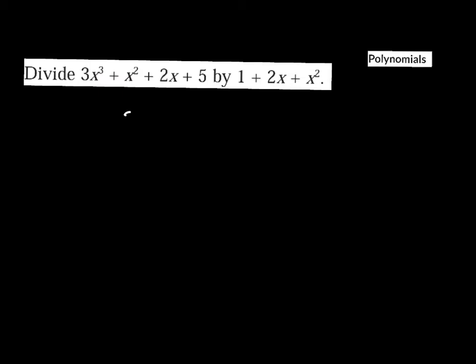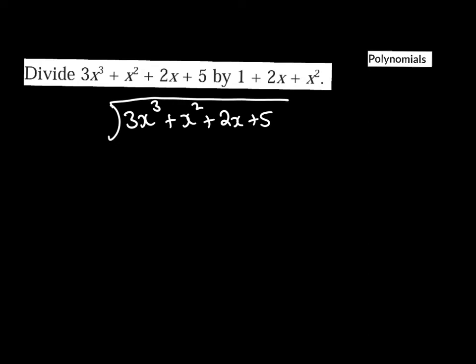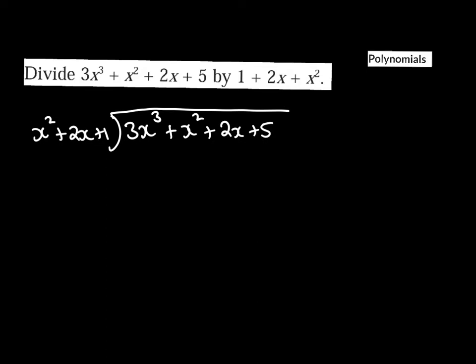So 3x cubed plus x squared plus 2x plus 5. This needs to be divided by x squared plus 2x plus 1. We have learnt the division of polynomials.